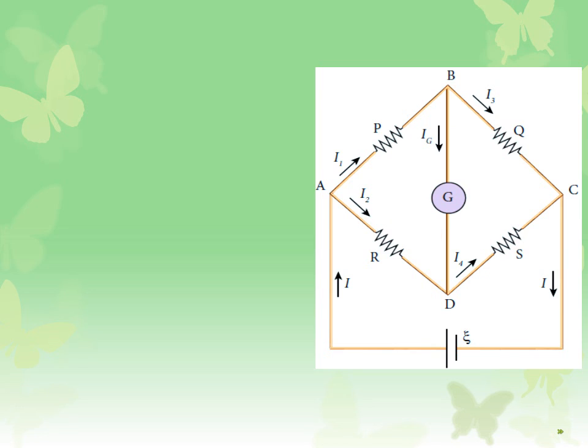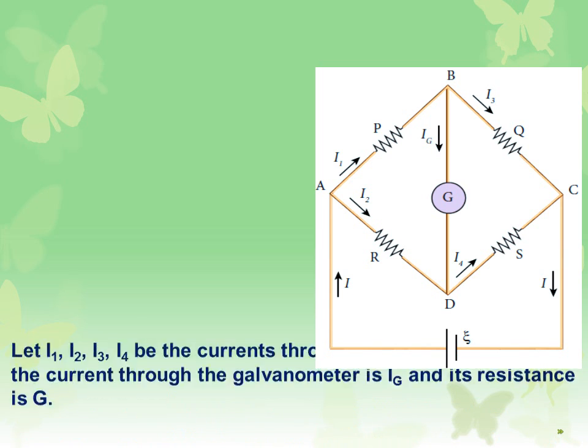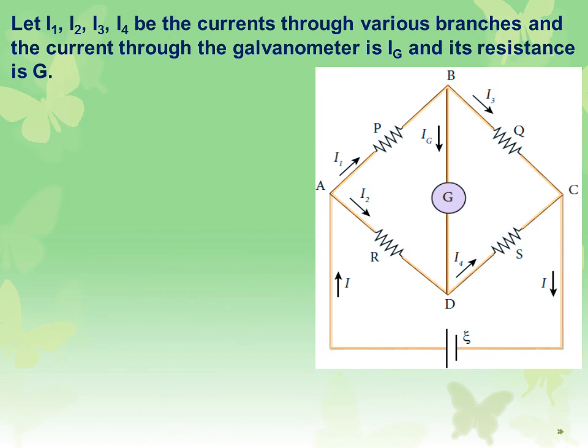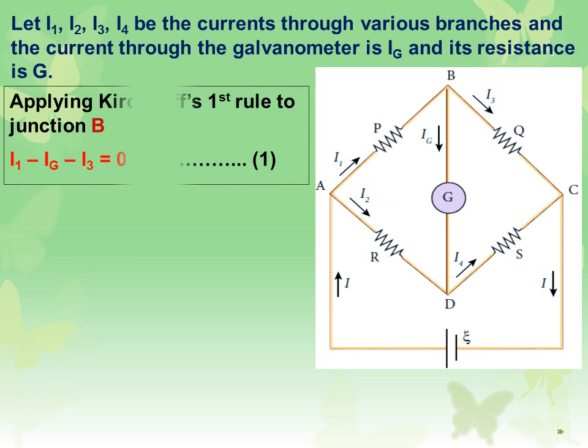Now let's see what the current movement is. Let I1, I2, I3 and I4 be the currents through the various branches, and the current through the galvanometer is Ig and its resistance is G, capital G. First, let us apply Kirchhoff's first rule to the junction B. We are giving a current I1 which is positive, but at this terminal it has been divided into two segments.